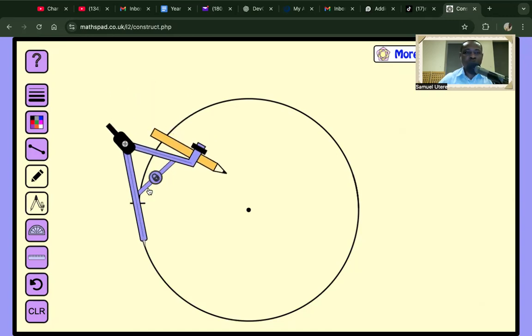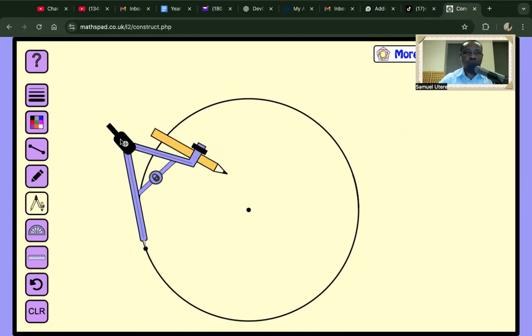Let's assume we've marked our point there. So let me remove that mark. So let's mark where we actually have the compass. We'll still get it right. All right.